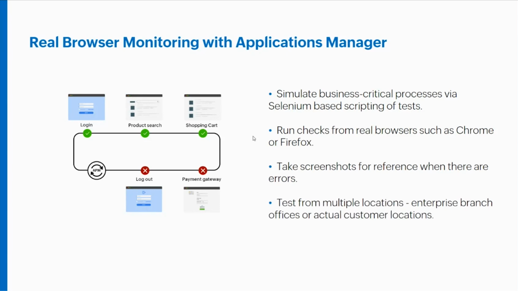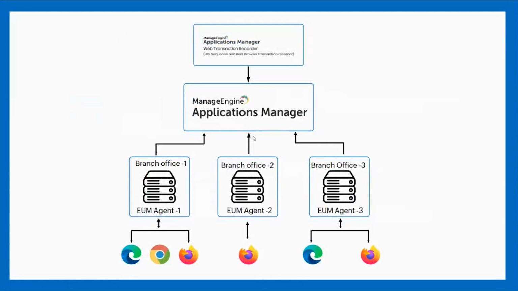The main advantage of synthetic transaction monitoring is that you can test it from different locations. To facilitate this monitoring in multiple locations, we make use of end user monitoring agents. So let's say you're hosting an event in your office and you've created a registration form for the same.